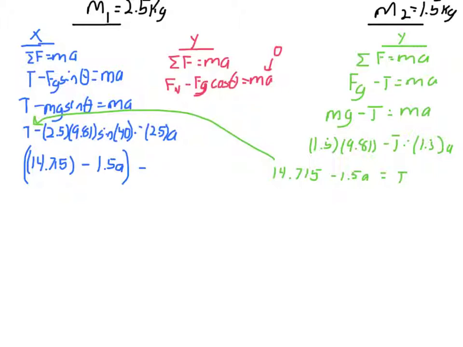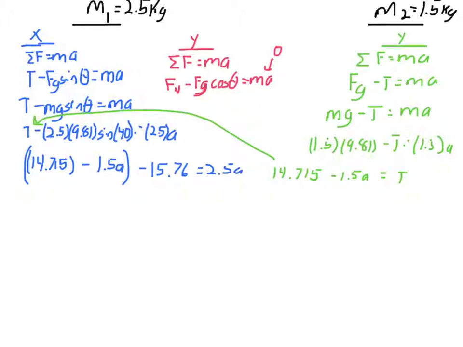Minus, now the 2.5 times 9.81 sine 40 comes out to be 15.764, so on there. So I substitute in for T. That's what this guy is, right? This is just all plugged into the calculator, is that right there equals 2.5a. So now I just need to group like terms.